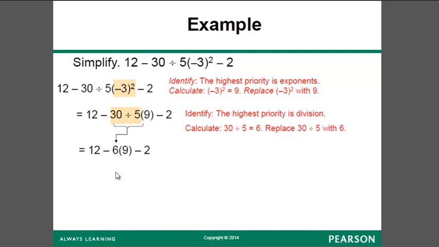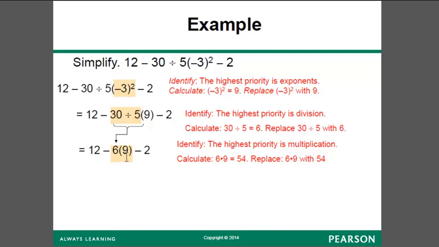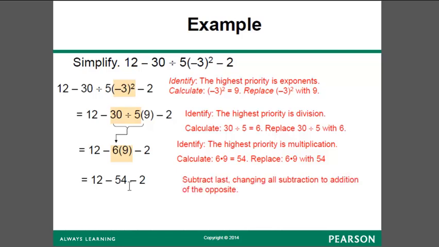multiplication. Now then, again, looking from left to right, I do any multiplication or division that I see. My next step is this multiplication. 6 times 9, which will give me 54. The only thing I have left is addition, subtraction, and so what I'm going to do is replace things and look at it as 12 plus a negative 54 plus a negative 2.